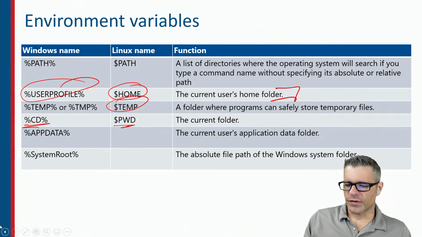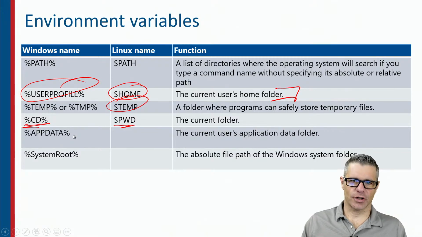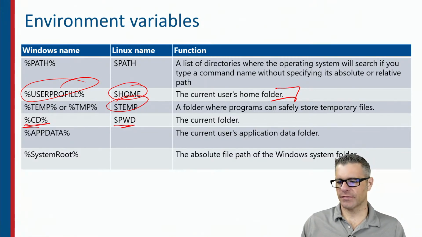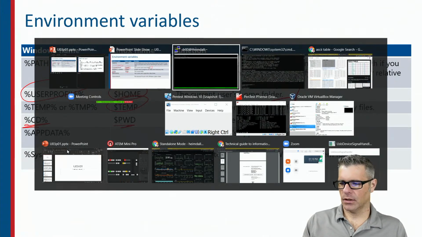And Windows has a couple of extras here. App data is where applications are supposedly safely allowed to store stuff. So if, whoops, that's standard error and standard in. We'll get to that in a second.